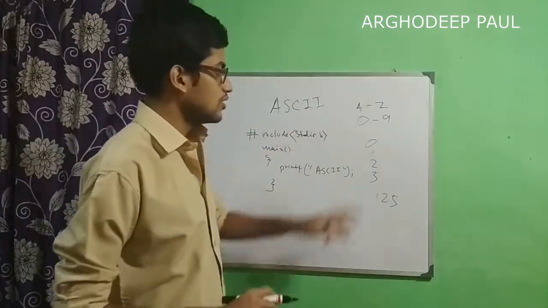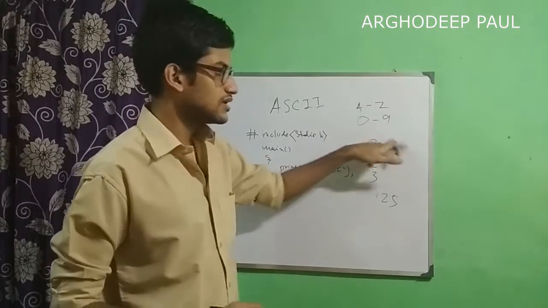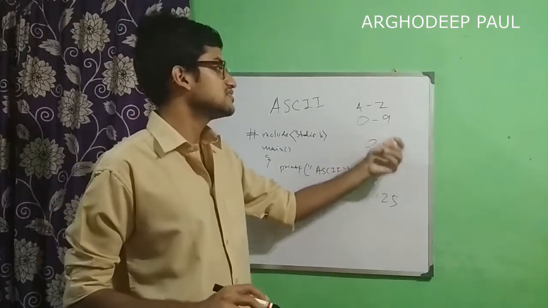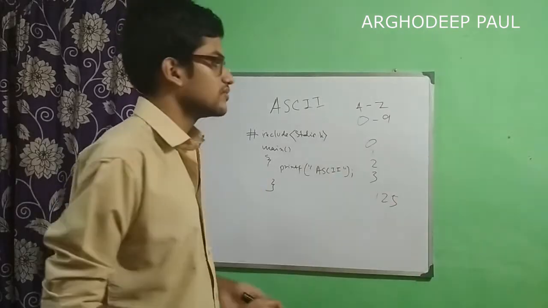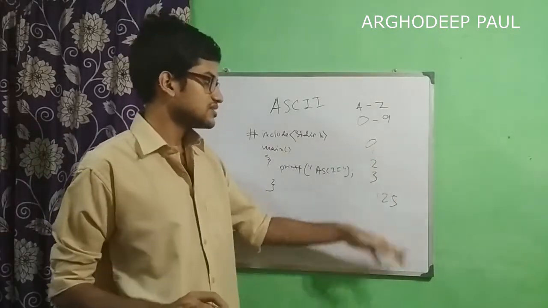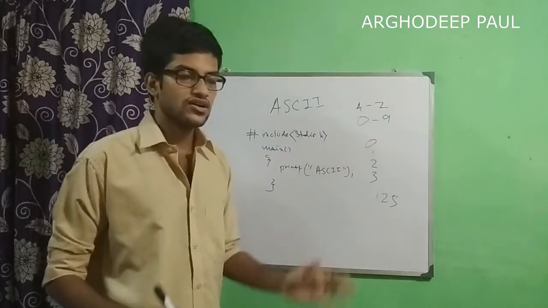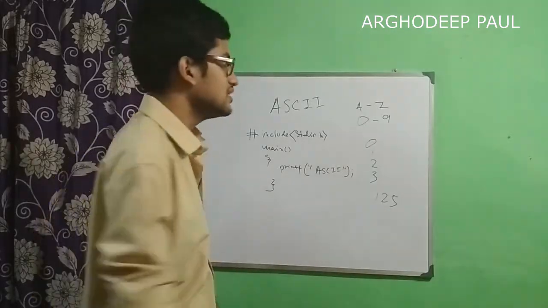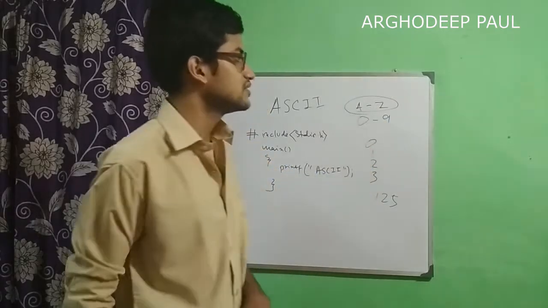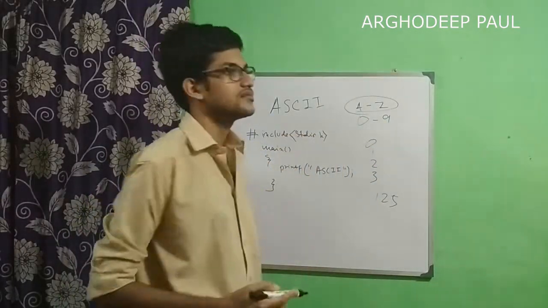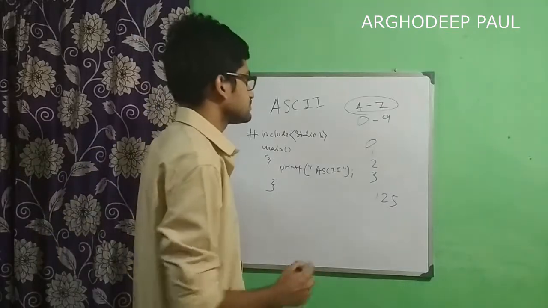So also this 0 to 9, this decimal number system, this range, is also language independent. These numbers are not dependent on any language. Only this thing will change: for this it is the English alphabet, and for Chinese there is also a Chinese alphabet.